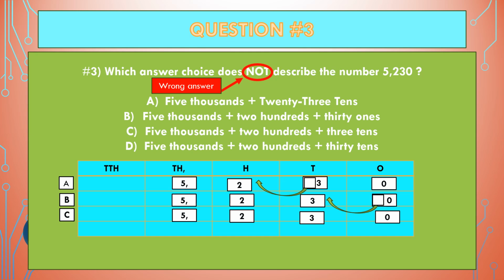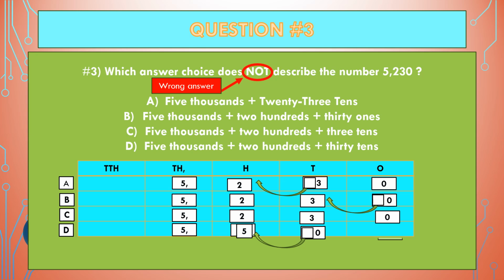Looks like the only one we have left is D, but let's check it to make sure. 5,000s, 200s, 30 tens. Well, remember, we have to unbundle that. If 10 tens is 100, then that means that 30 tens is 300. So 300s plus the 200s that were already there is 500.